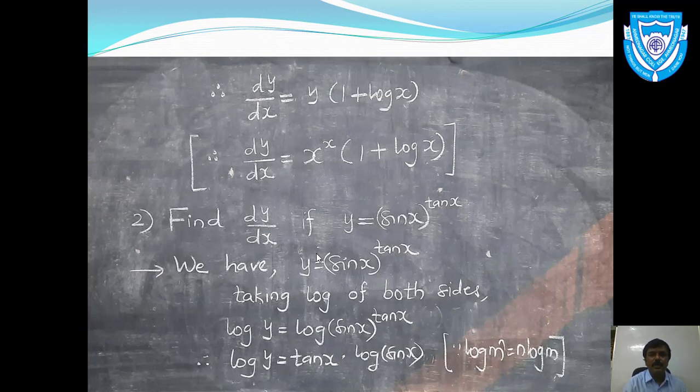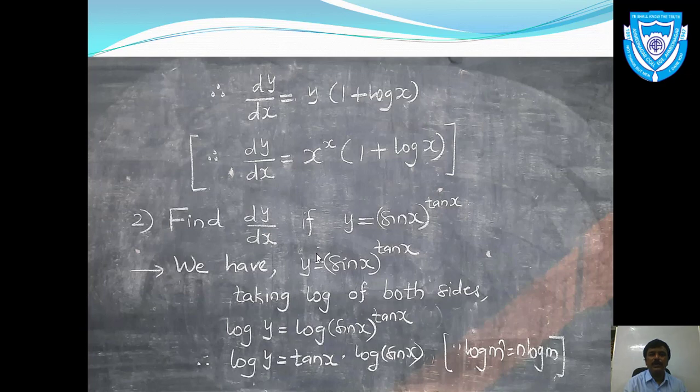Now on screen you can observe that we have written dy upon dx is equals to y into 1 plus log x. But let me tell you, as the given function in the question is in the form of x, the variable is x, you can see x everywhere at the right hand side. So therefore in our answer also there should be x everywhere.